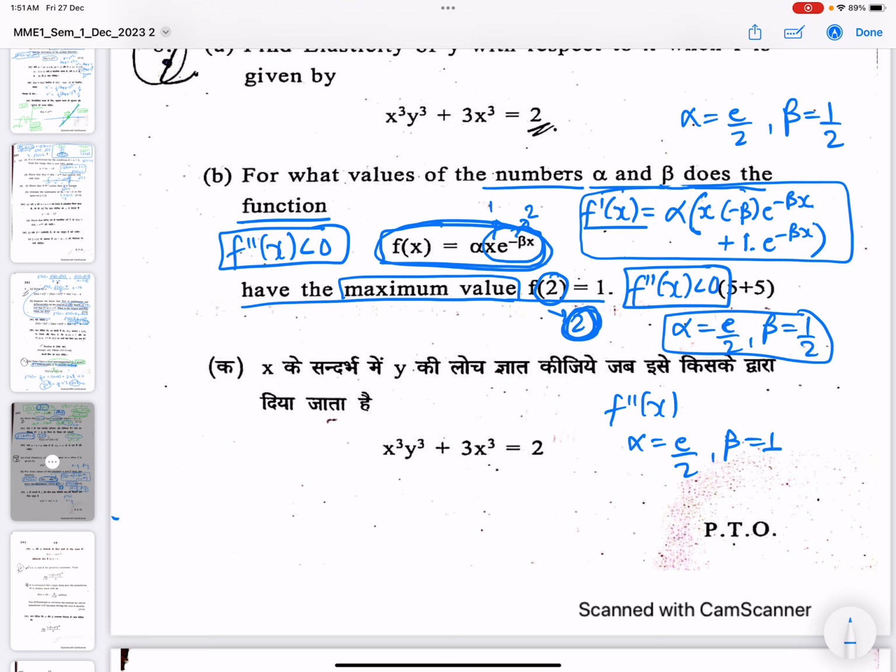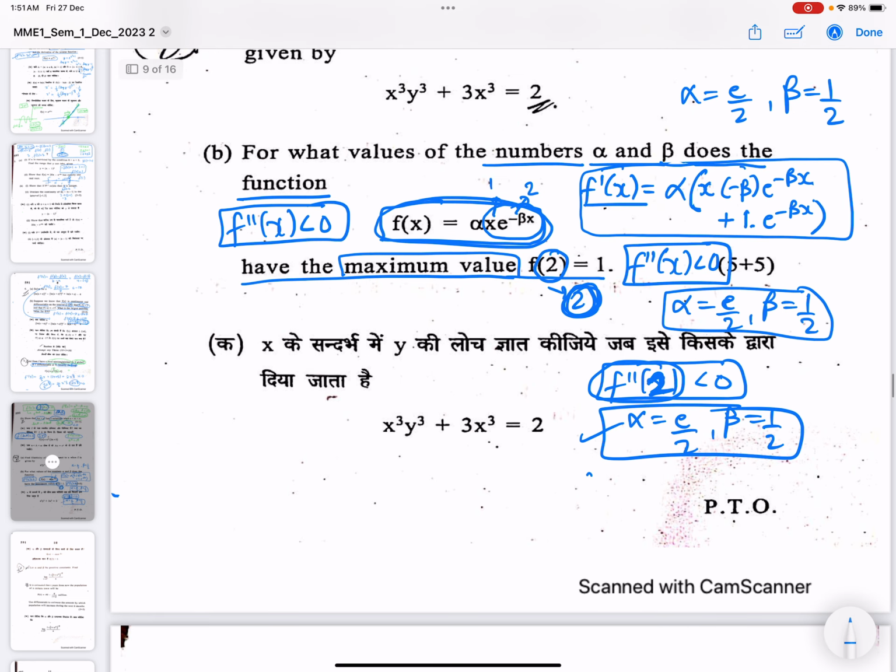You will see the value is coming out to be less than 0. Only then can we say that f double dash of 2, because 2 was our critical point, is less than 0 given these values, and then we can say it would be a maximum value.